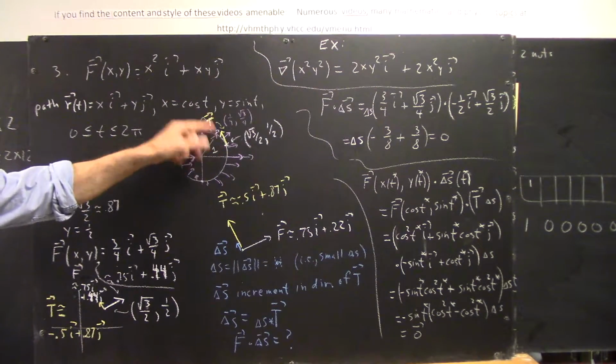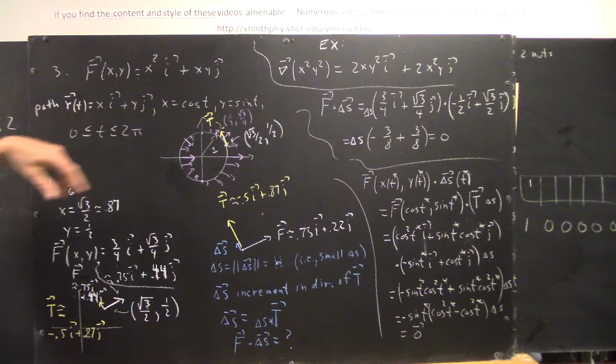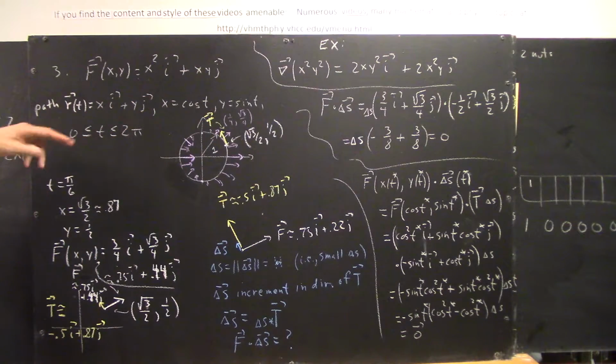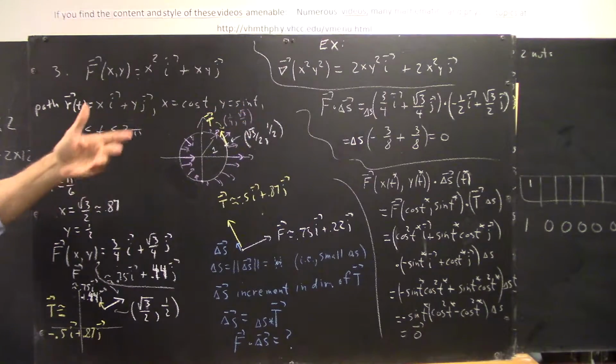Now, right here I've drawn a unit tangent vector. We understand the unit tangent vector. Again, you're being tested over things that involve the unit tangent vector pretty much right now. So what's our unit tangent vector? Well, we just take the derivative of r of t and divide by the magnitude of that derivative. X is cosine t, y is sine t.